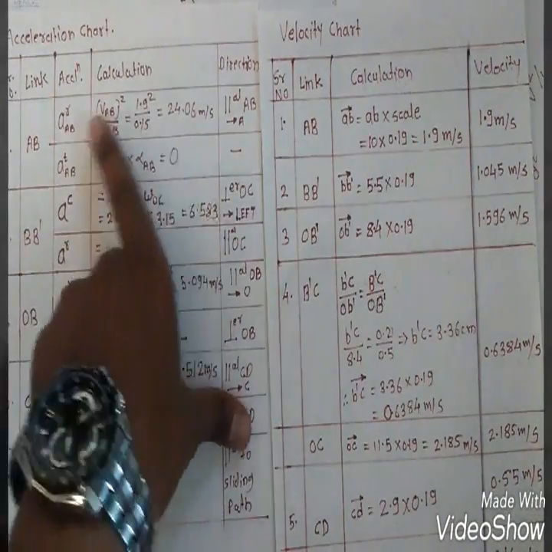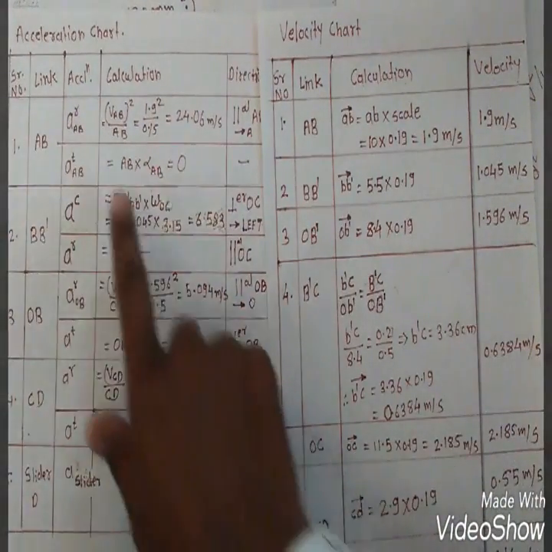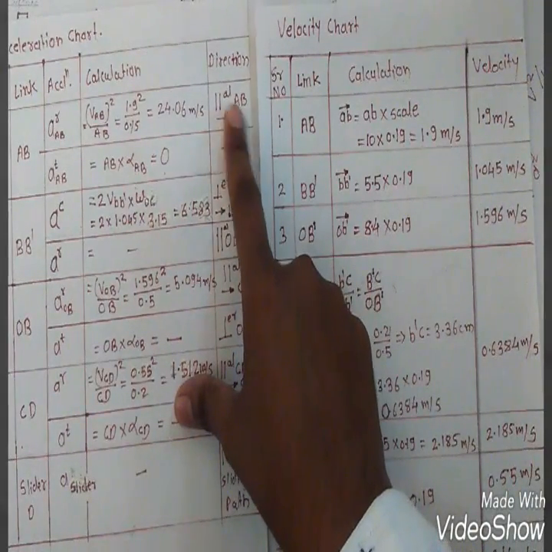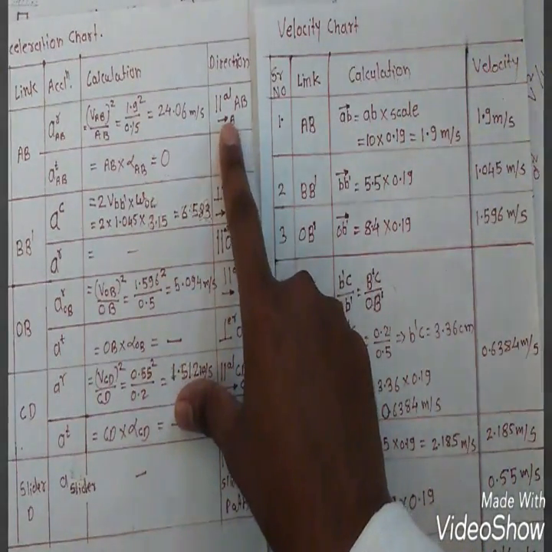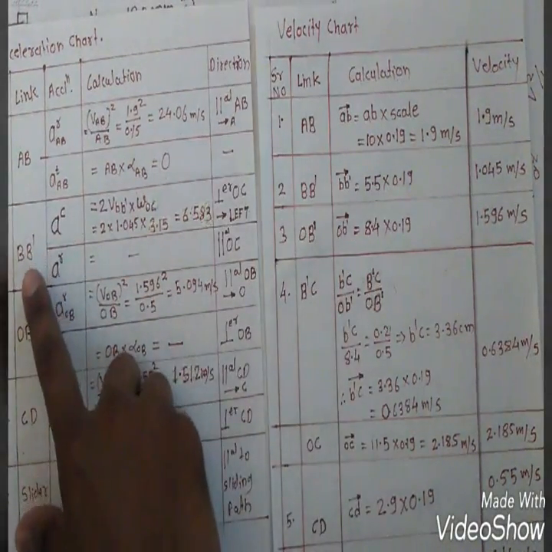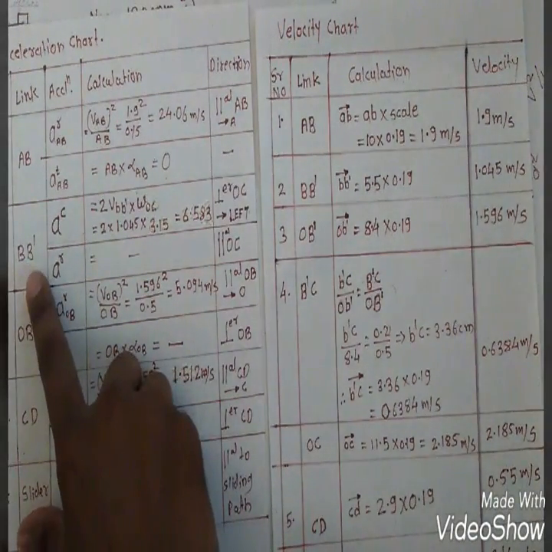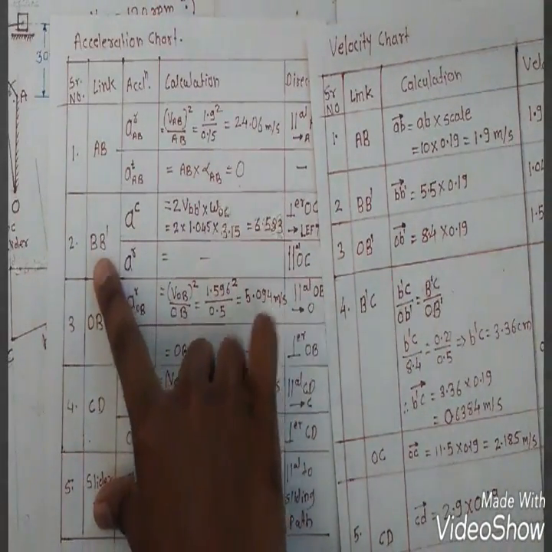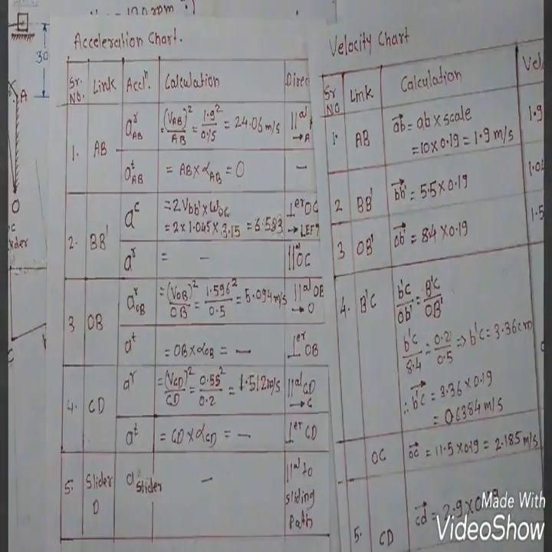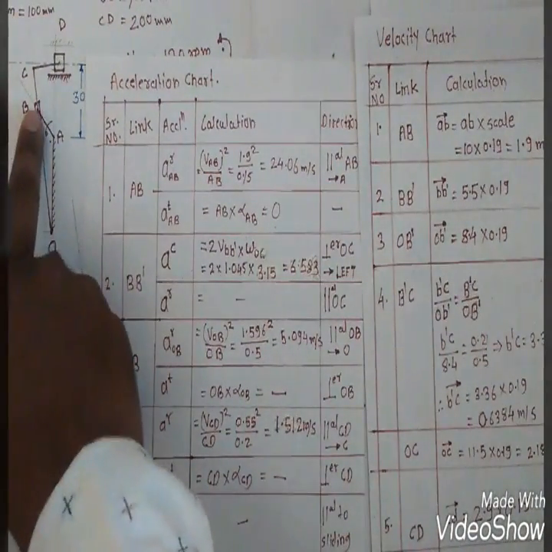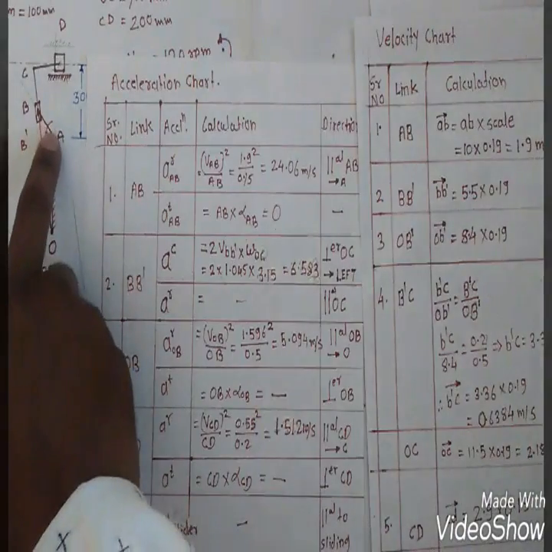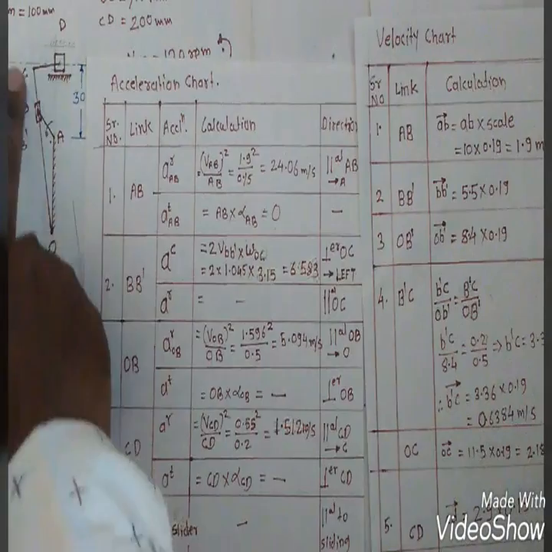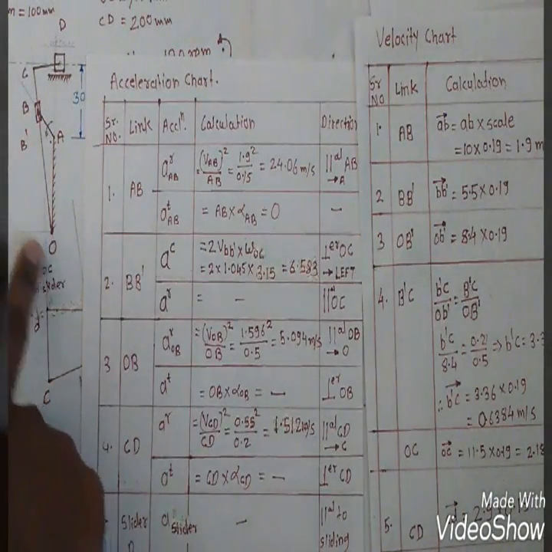The direction for this radial acceleration is parallel to AB and towards A. For the next link B dash, here is slider B, but this slider is in two motions. In this case slider B is having rotary motion about point A and sliding motion on link OC.